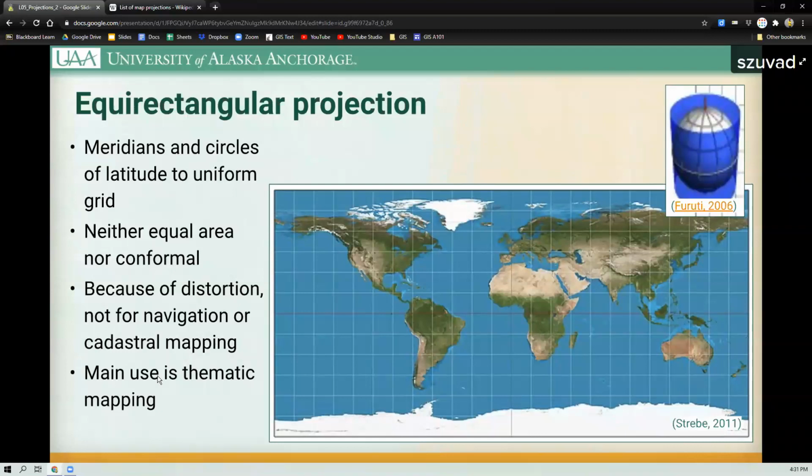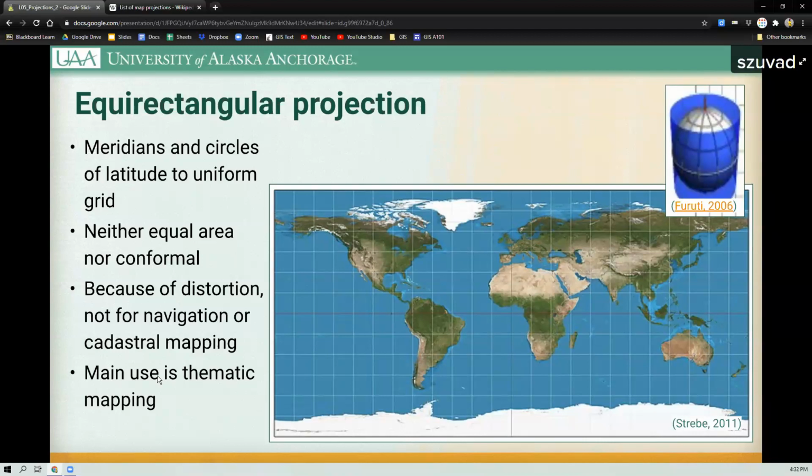The latitude and longitude grid is uniform, which means that we've substantially distorted towards the poles because they're not uniform. So it's not going to be conformal, which means you can no longer use the bearings, but the distance along your grid lines is going to be consistent.